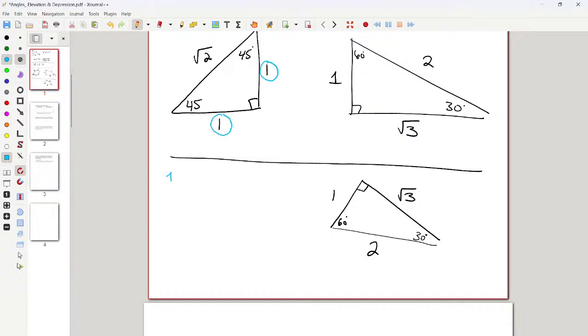Yes. So 1 squared plus 1 squared has to be this number squared. So 1 squared is 1, 1 squared is 1, 1 and 1 is 2, and the square root of 2 squared is 2. So, yep, that's true. Now, in this triangle, we have 1, we have a root 3, and we have a 2.